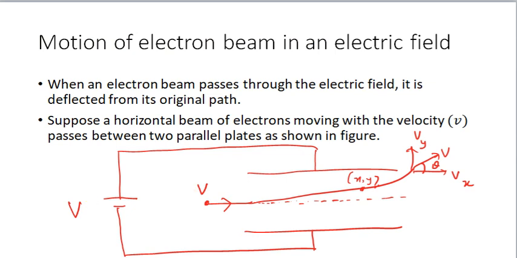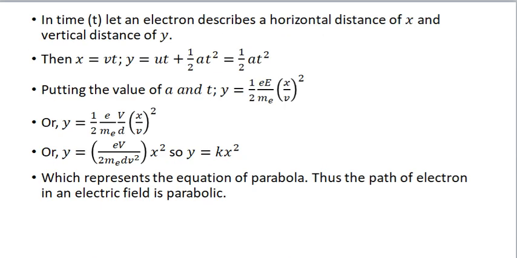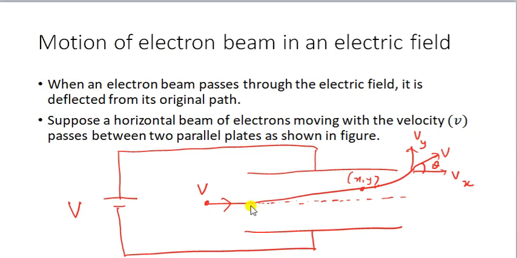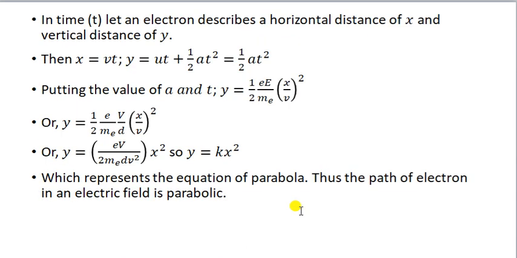So y is equal to 1 by 2 at square. In place of a, we have already calculated a as eE over m, and in place of t we can write x over v, because x is the distance traveled from here to here, and the velocity along the x-axis is v, because this velocity is not affected. That's why in place of t I have written x over v.